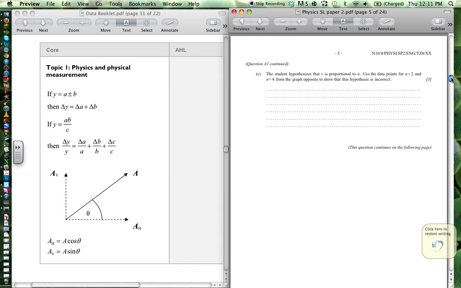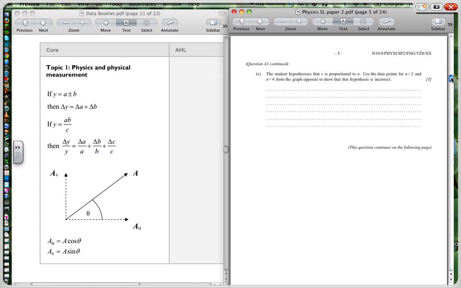Now, it next says over here, the student hypothesized that V is proportional to N. Use the data points for N is equal to 2 and N is equal to 4 from the graph opposite to show that this hypothesis is correct.